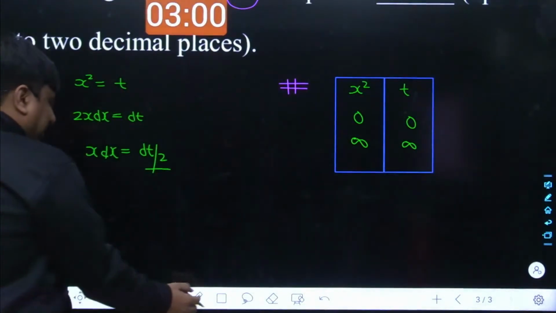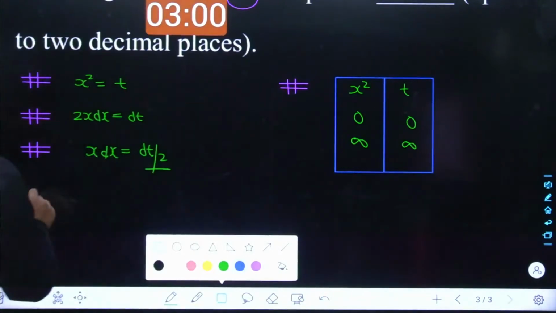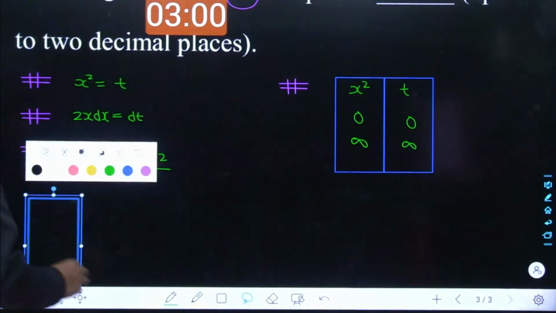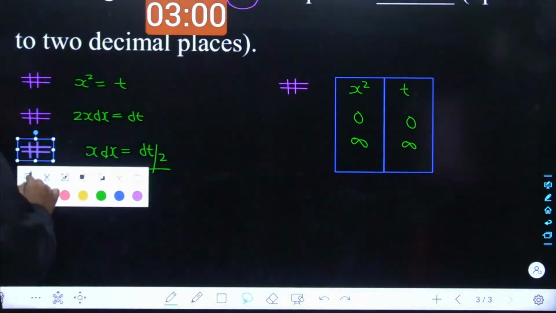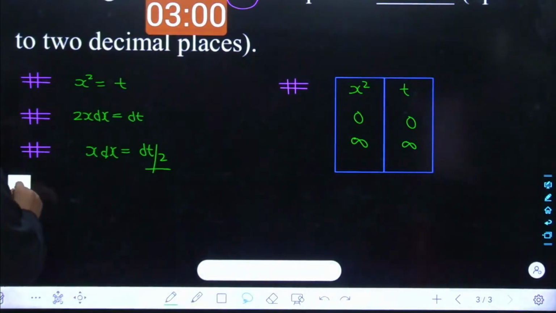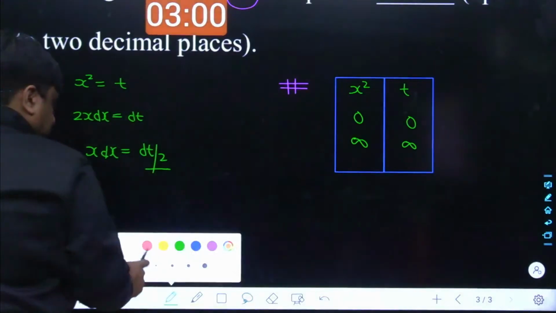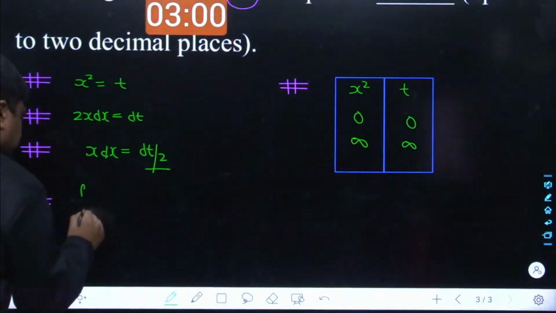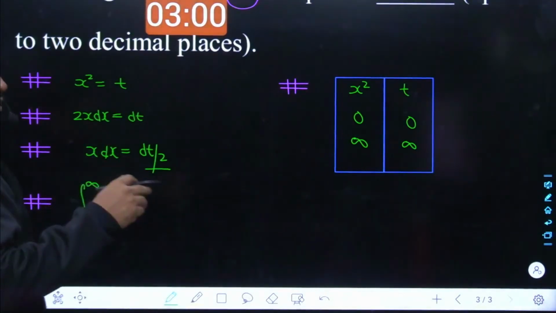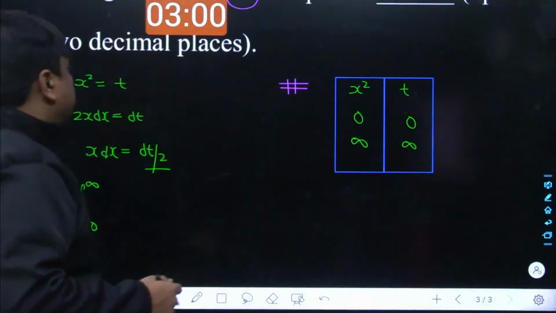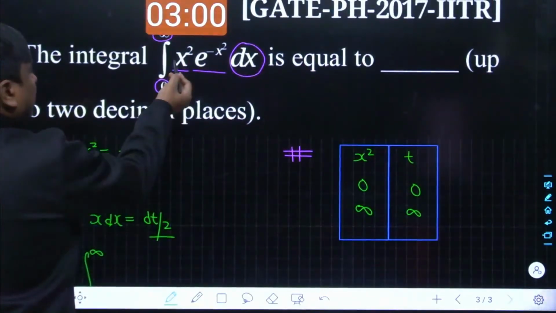So let me do the further calculation. So here it becomes the integration which goes from 0 to infinity, although initially the variable was x and now it has changed to t. You can have a look at it.